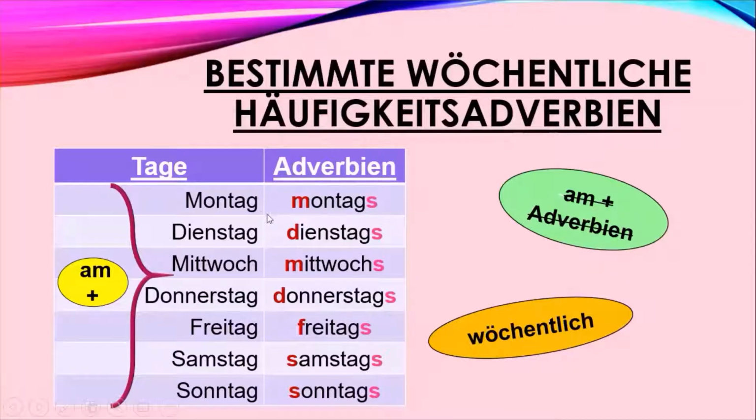And how we do that is that we will make the first letter of the word small and add an s at the end of the word. So the noun changes to an adverb like this.